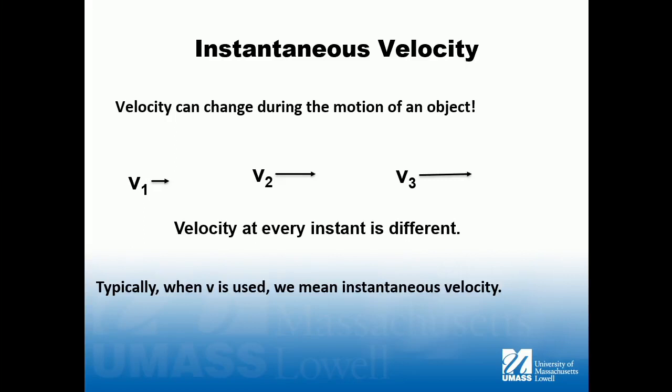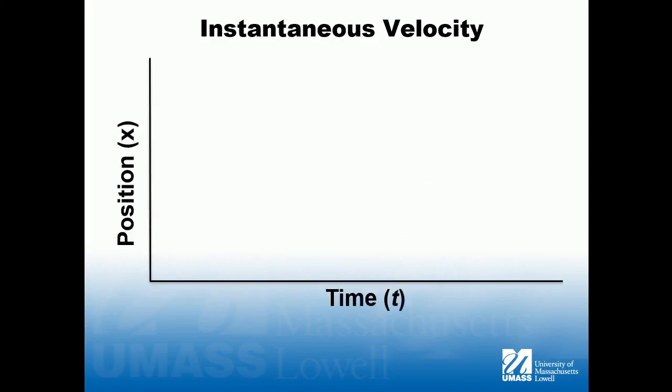So graphically, if I have a position versus time graph for an object, and that's how the position is changing, then if I talk about the velocity of that object, I have to talk about the velocity at a specific point, because this isn't a straight line. So the velocity during this motion is actually changing. This thing is either speeding up or slowing down.